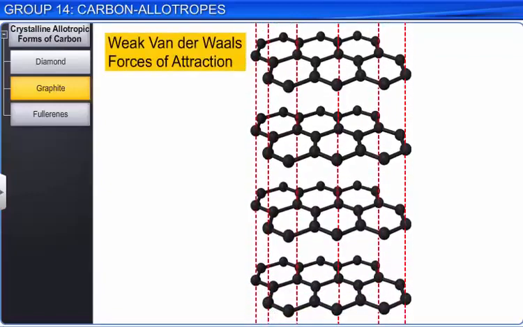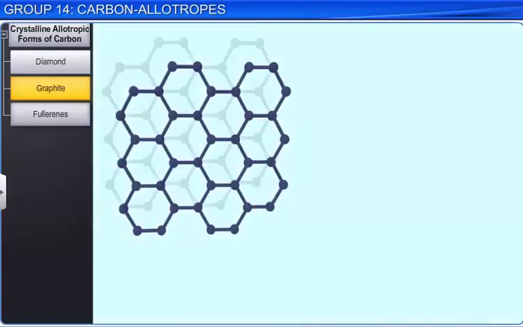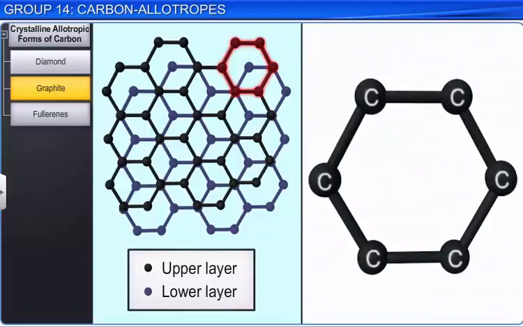The distance between any two successive layers is 340 picometers. Each layer of graphite is made from planar, hexagonal rings of carbon atoms as shown in the diagram. All the carbon-carbon bonds are 141.5 picometers in length.